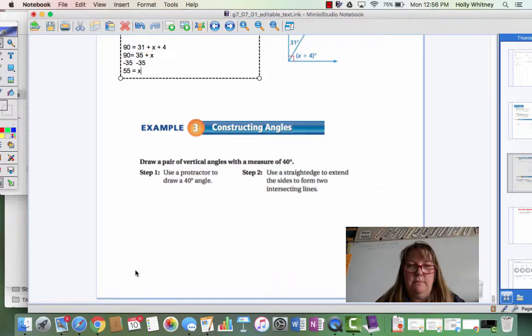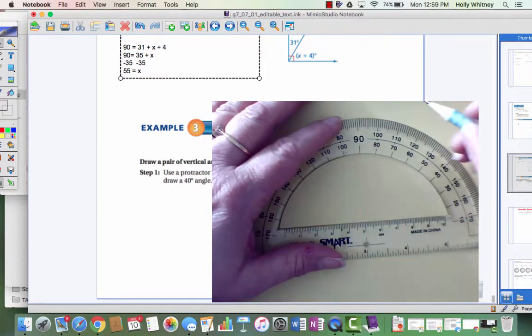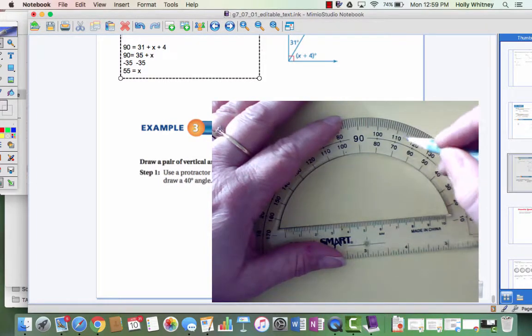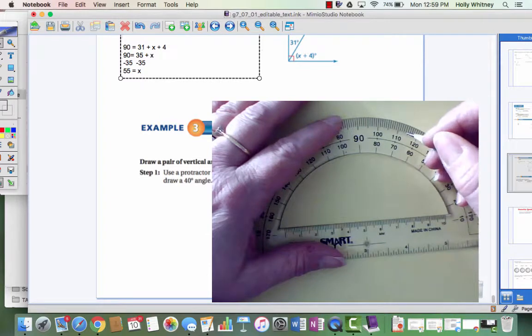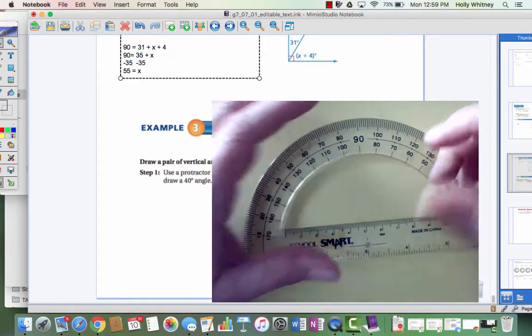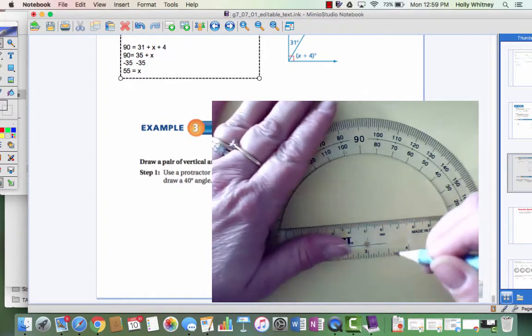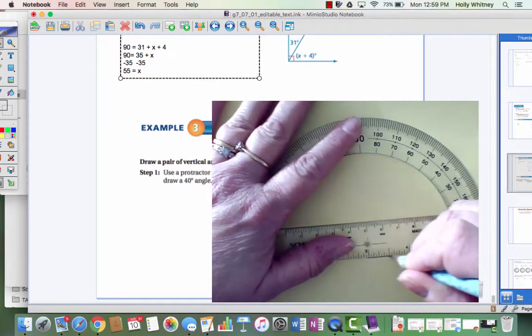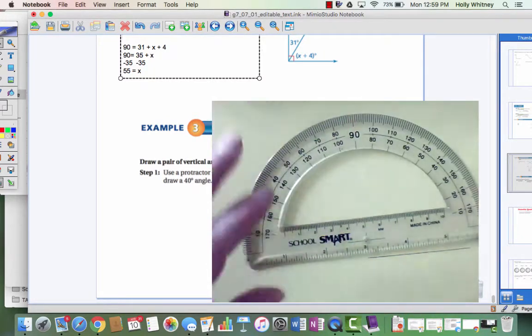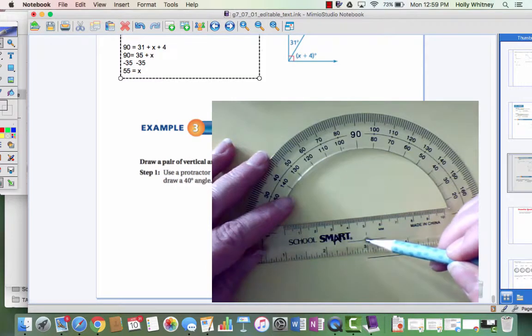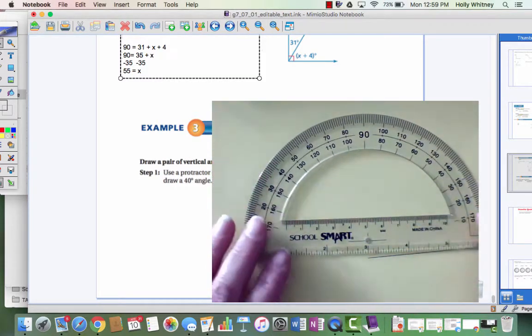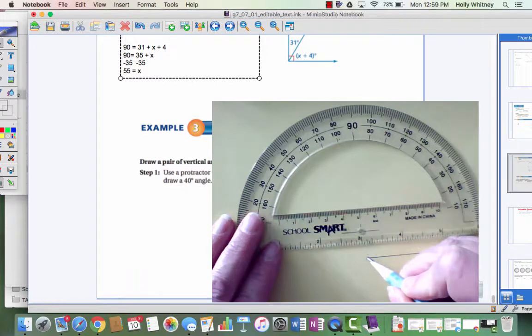Constructing angles. I'm going to have to pause and use the Huey. Okay, the directions say to draw a pair of vertical angles with a measurement of 40 degrees. To draw a 40-degree angle, the first thing you do is draw a straight line. Protractors here have a hole in the center, and that center goes right on the vertex.